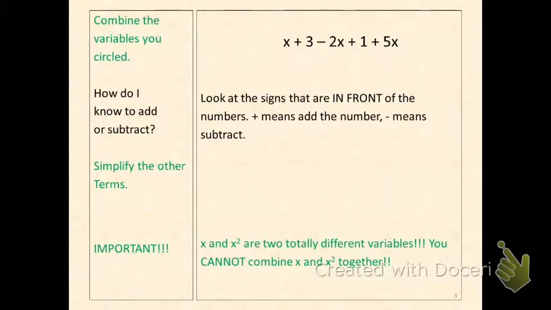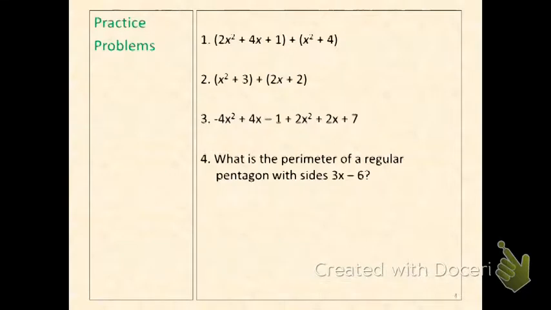Let's take a look at another example problem. We've got 2x squared plus 4x plus 1 plus x squared plus 4. To start, I'm going to circle all of my terms that are alike. So I'm going to circle my 2x squared, my x squared.